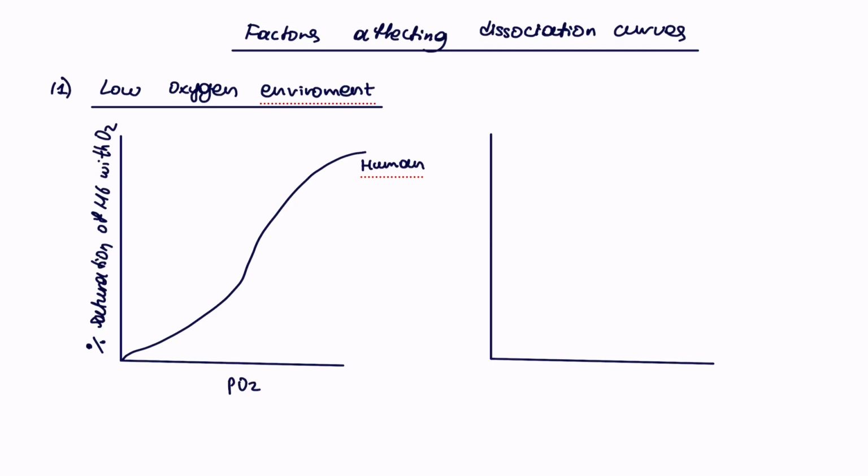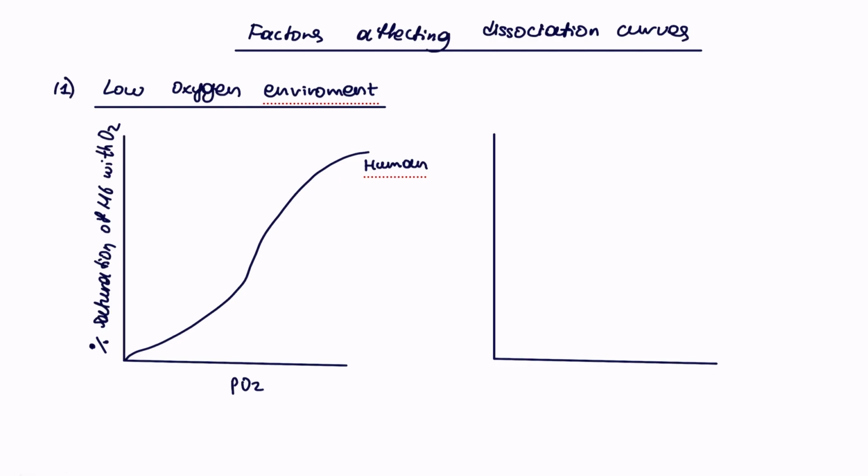So the human sigmoid curve, the dissociation curve, are drawn like that. And then in this case you can imagine the lugworm, the hemoglobin, it needs to be able to have a higher affinity for oxygen, because if it's not exposed to much oxygen, it needs to be able to almost like grab onto it tighter. So therefore, this is represented by a dissociation curve with a shift to the left.